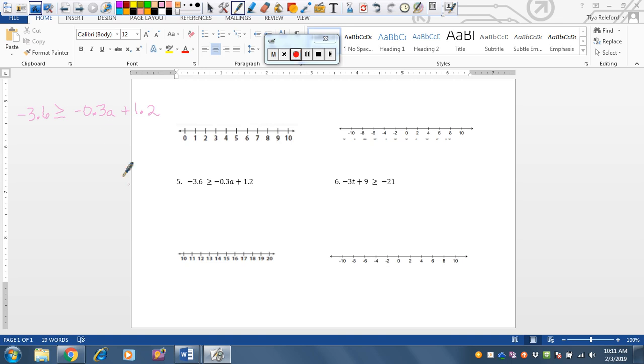It is negative, so my sign has to flip. So at the end, my sign better look like this one. Not yet, though. All right, go ahead and divide that. Minus 1.2, minus 1.2. Careful, that's a negative and a negative.